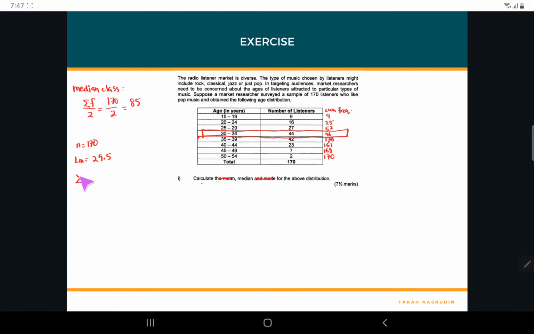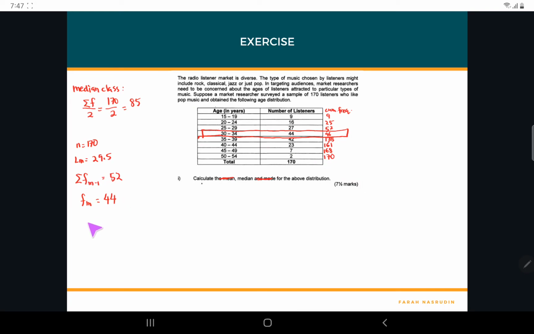And then our total of Fm minus 1, meaning that the cumulative frequency before the median class. So this is our median class. The cumulative frequency before it is 52. And then our Fm. Fm is the frequency of the median class. So the frequency of the median class is 44.